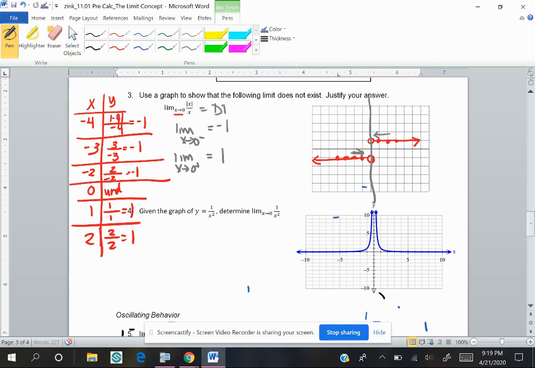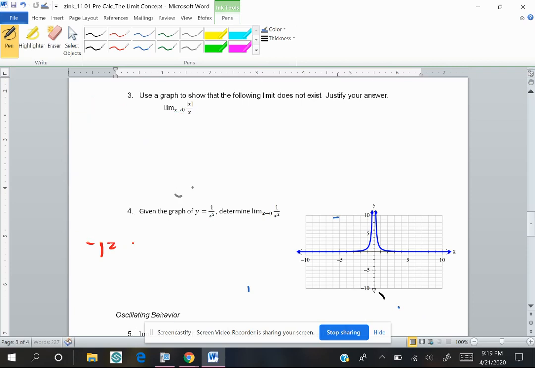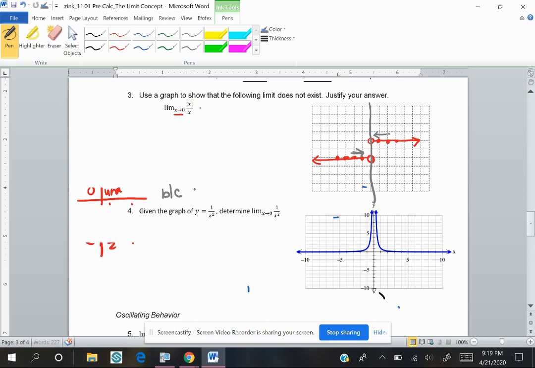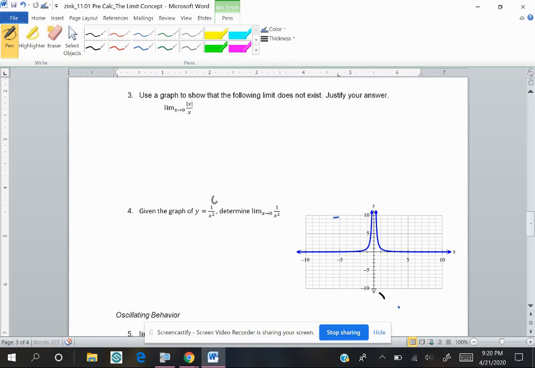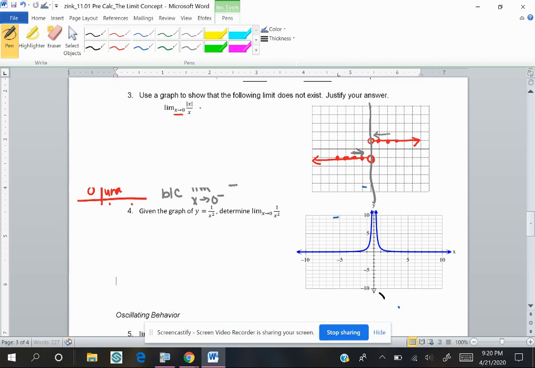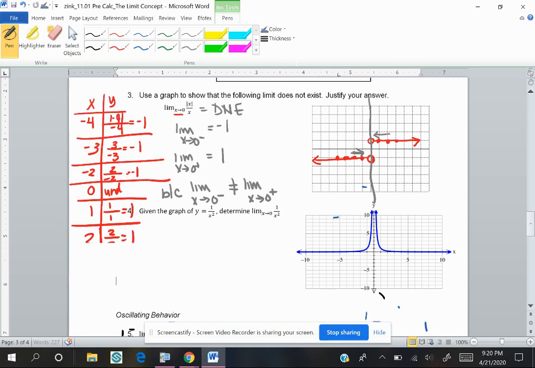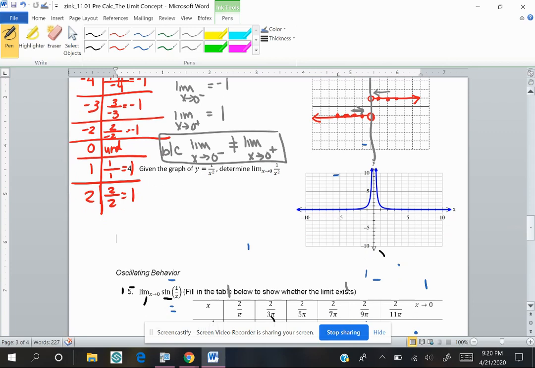So this does not exist because the limit as x approaches 0 from the left does not equal the limit as x approaches 0 from the right side. So the left-hand limit and the right-hand limit are not the same, therefore it does not exist.